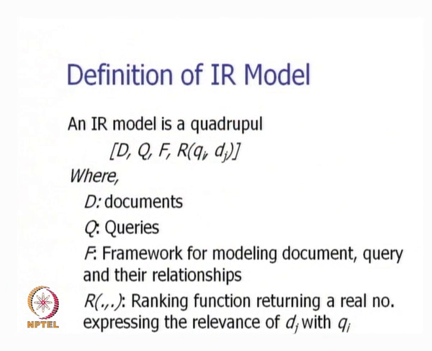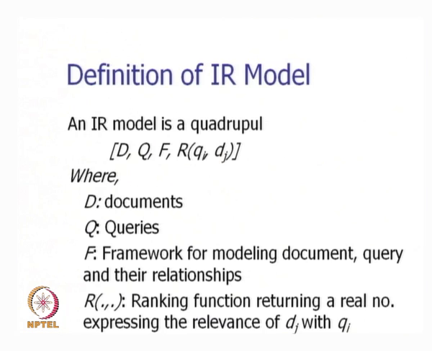So, we continue first of all with the question of IR model, where the main question is how the information of the information repository, internet being a special case of this repository, is represented to the user to satisfy his or her information need. So, we continue with the presentation.